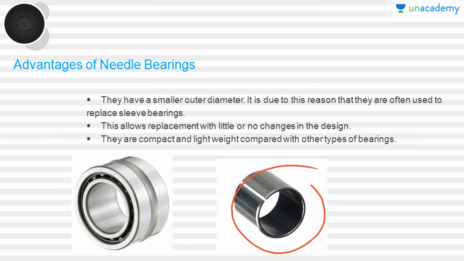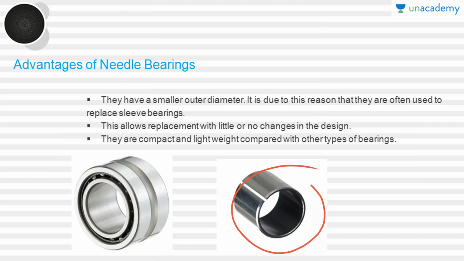So on replacing the sleeve bearings with the needle bearings, the advantage is that the replacement has little or no changes in the design. We don't have to change the design of the joint with the bearing for fixing the sleeve bearing, because they have a smaller diameter.